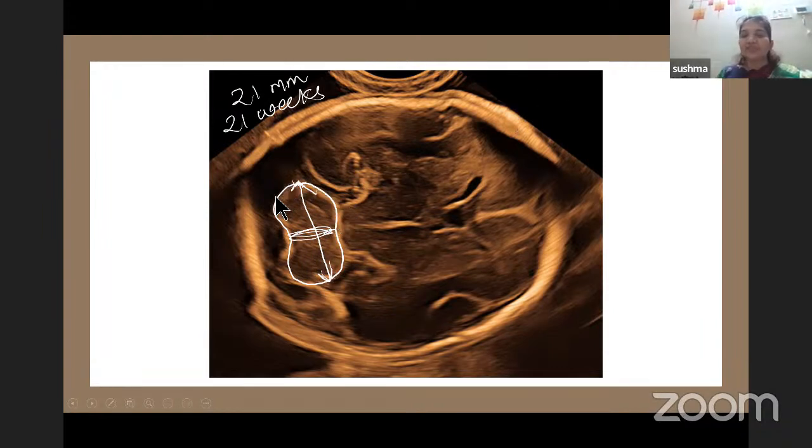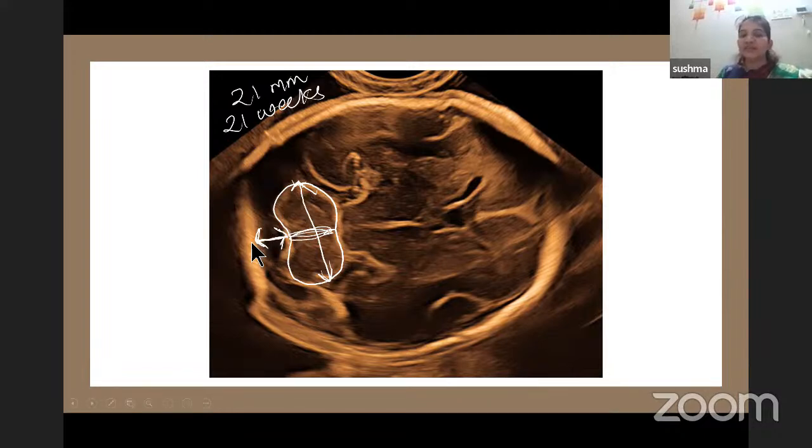The next measurement that we can take here is the fluid-filled structure posterior to the cerebellum. This structure here, posterior to the cerebellum, is called the cisterna magna. This cisterna magna is important to measure because it becomes very small or obliterated, narrow, in cases of spina bifida, where the cerebellum is pulled down.